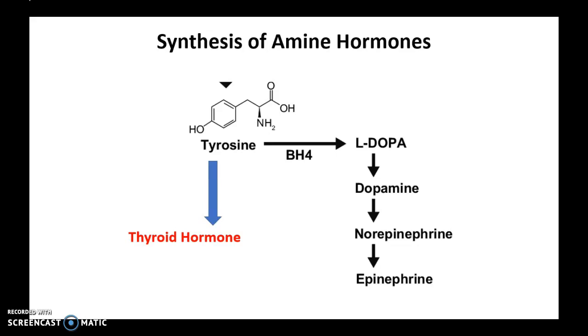From the single amino acid tyrosine, we can derive dopamine, norepinephrine, or epinephrine by the actions of different enzymes. Also in red, we do see that thyroid hormone is derived from tyrosine. Therefore, the key point to remember here is that although thyroid hormone is derived from a single amino acid tyrosine, it behaves like a steroid hormone. It behaves like a steroid hormone.